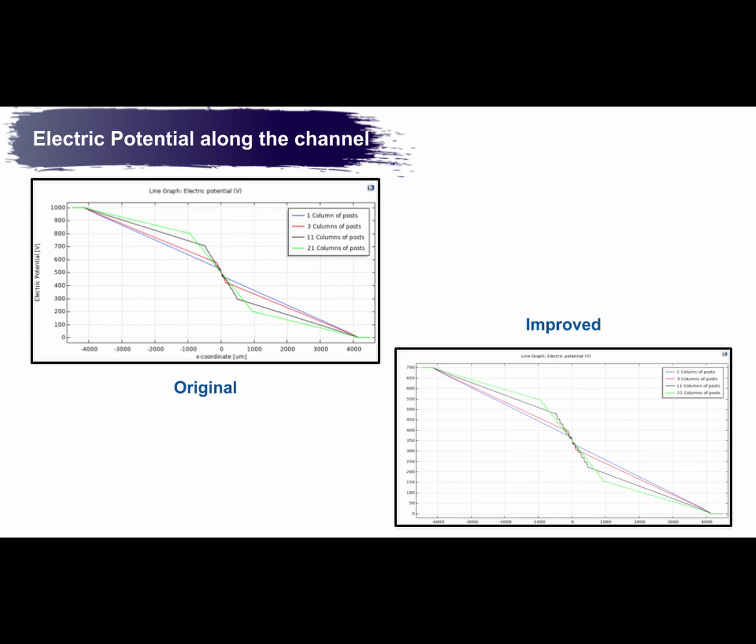However, what's important here is that both in the original model and in our improved model, this behavior is the same, which seems to indicate that the change we apply to the geometry of the post does not cause any unforeseen or undesired consequences with the distribution of electric potential along the channel.